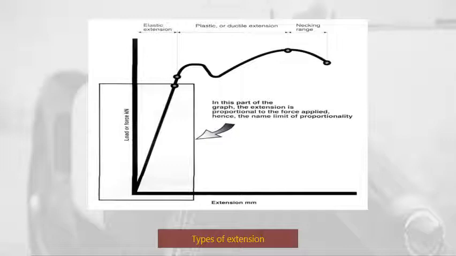We have the elastic extension, the plastic or ductile extension, and the necking range during the tensile testing. So the elastic extension is a portion of our graph wherein the load and the extension are directly proportional to each other. And then we have here the plastic or ductile extension and the part where the test specimen undergoes necking before it finally breaks.